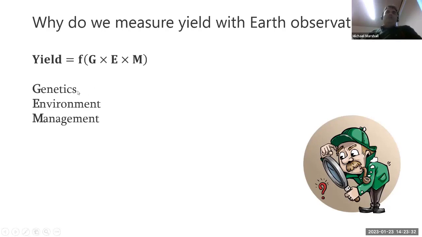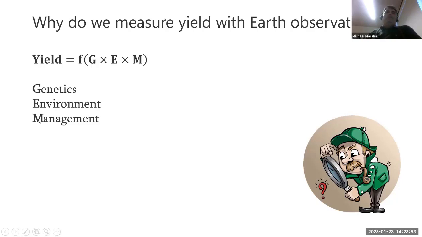Genetics, you're referring to how it may assimilate carbon. We'll get into this. You may have heard of C3 photosynthesis, C4 photosynthesis, but also the different crop types and crop varieties. This all deals with genetics. Environment, now we're talking about climate, let's say soil properties.